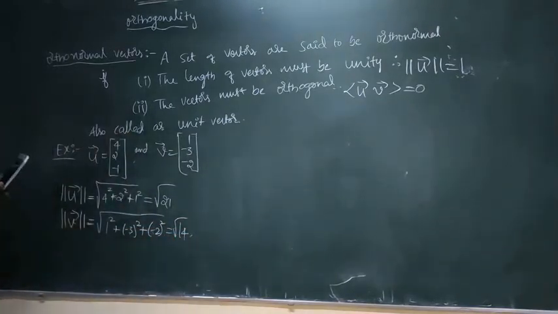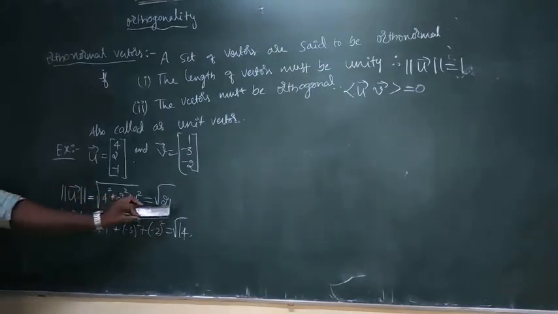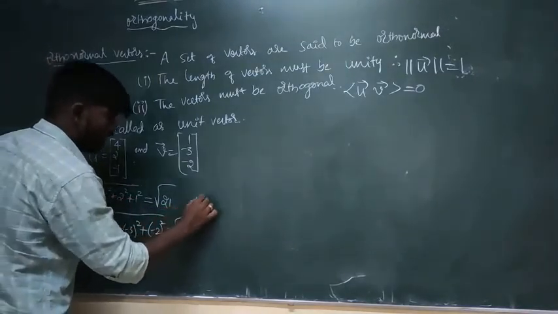Therefore their length is not equal to 1. Therefore, these two vectors are not orthonormal, because the lengths of these two vectors are not equal to unity.